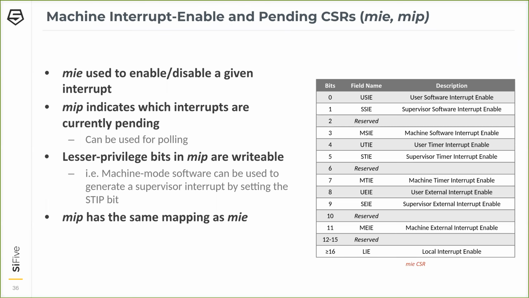And bits higher than 16 correspond to the various local interrupt enables for those optional local interrupts that we discussed earlier. Now, because the width of these registers is the same as XLEN, so it would be 32-bit for an RV32 implementation, or 64 for an RV64 implementation, the local interrupts here would give you space for 16 local interrupts in a 32-bit implementation and 48 local interrupts per hart in a 64-bit implementation.